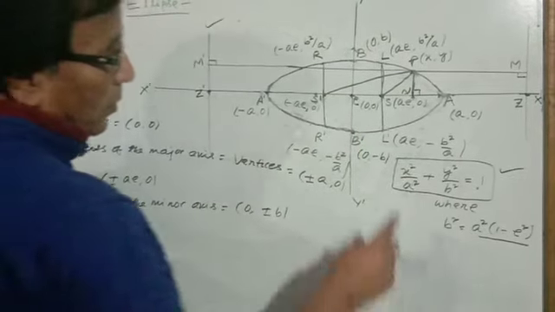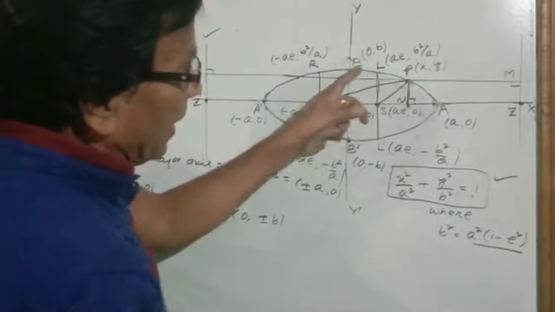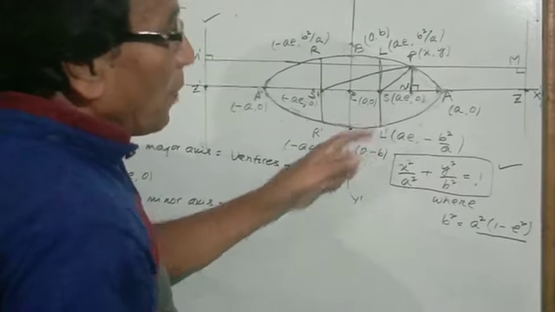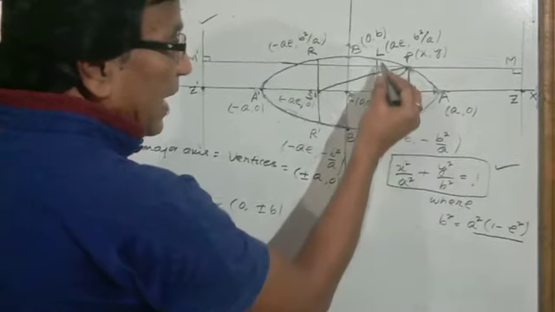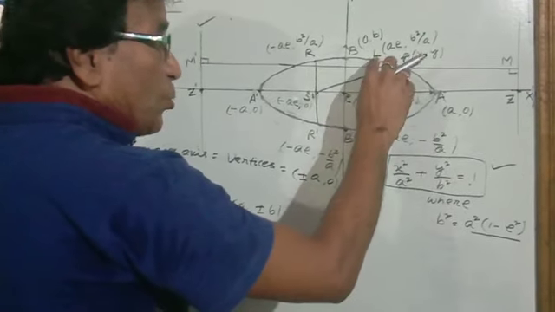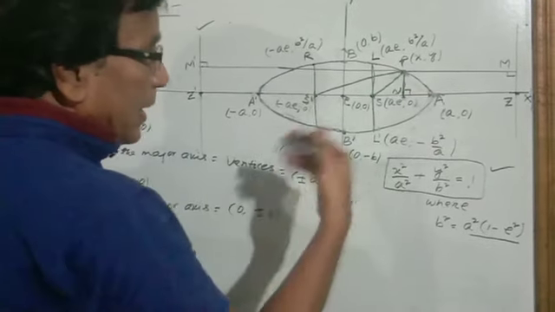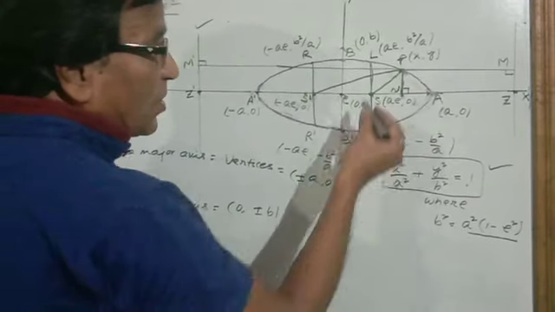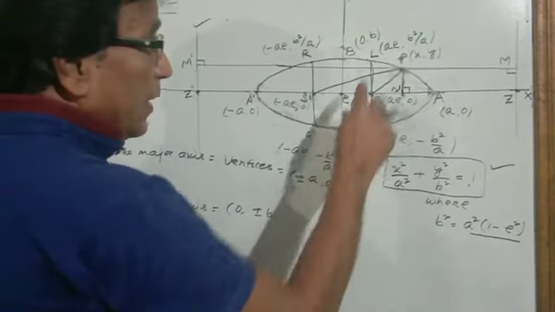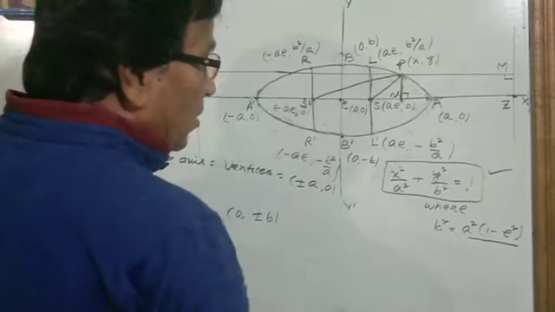We will find out the length of LSL'. For the time being, just remember that LSL' is twice of LS. In the mechanical construction, I will explain why LSL' is twice of LS. That will be discussed in the mechanical construction of this curve.